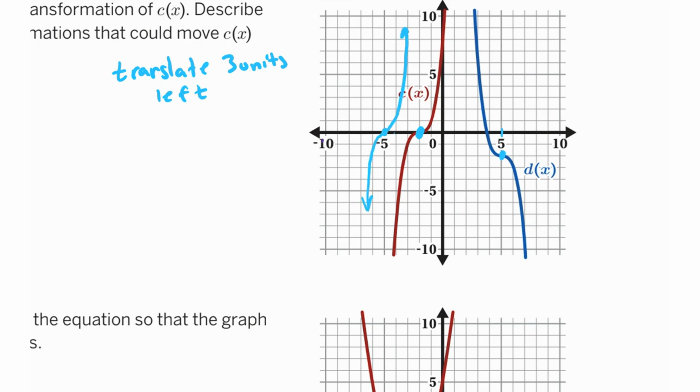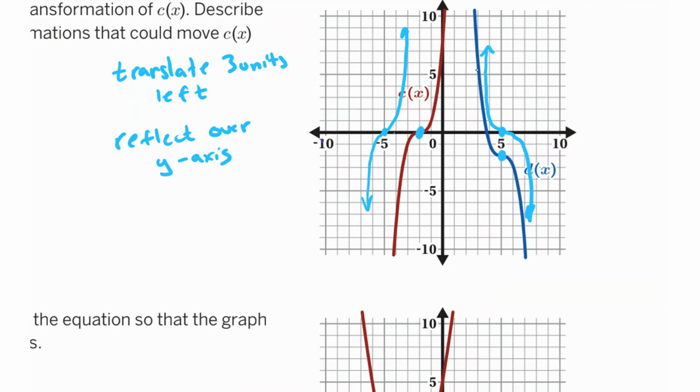And then now I'm going to be doing my reflection. It's kind of an order of operations thing, where once I do the reflection here, I get this function that looks like this. So reflect over the y-axis. And then lastly, I'm going to shift that 2 units down.